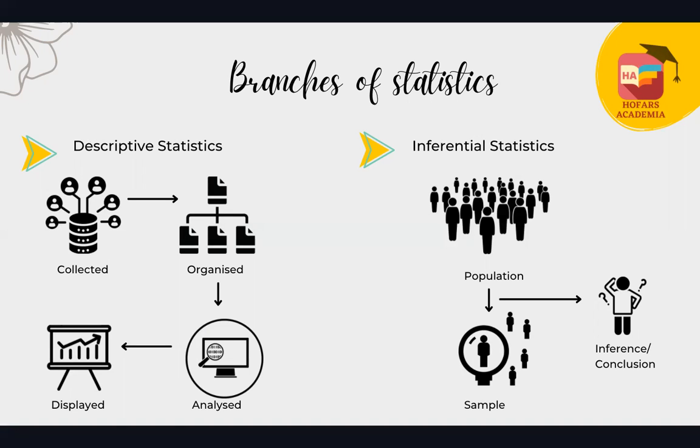Before I go on to the example of descriptive, let's understand inferential. It is that branch of statistics that involves drawing conclusions about a population based on information contained in a sample taken from that particular population. So there will always be a conclusion or inference drawn by using a sample of data. This sample is our data, and based on this sample, we draw conclusions for our population.